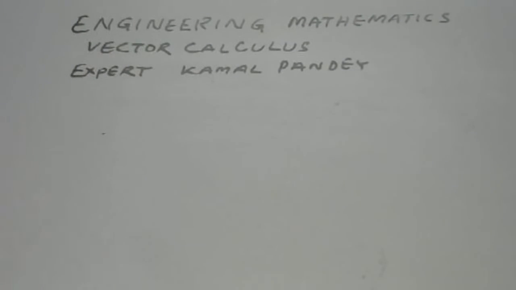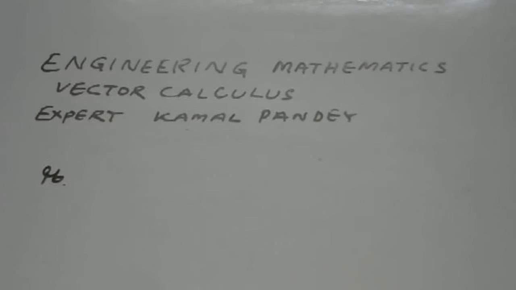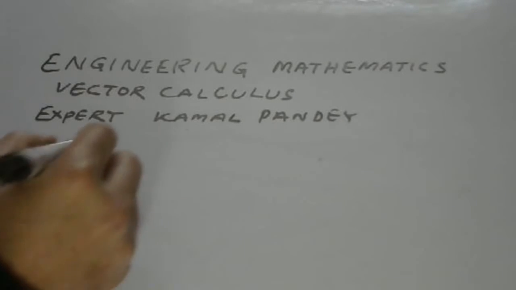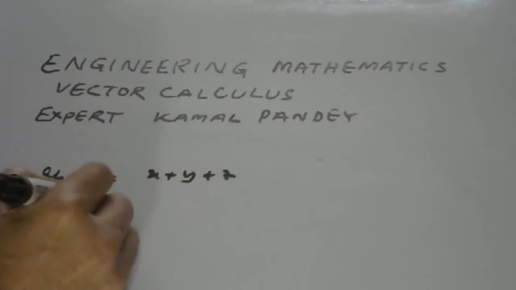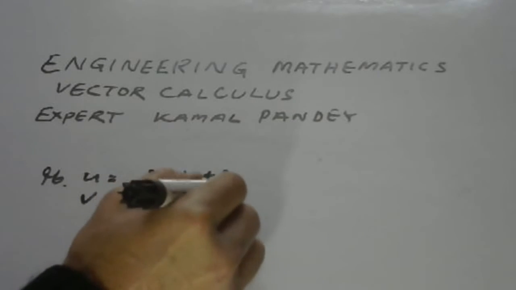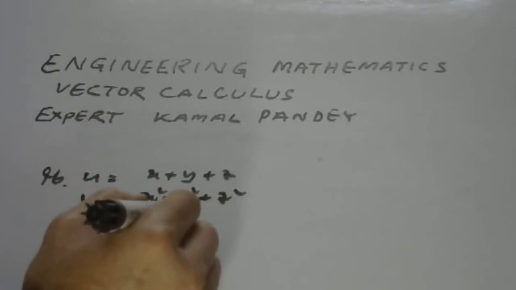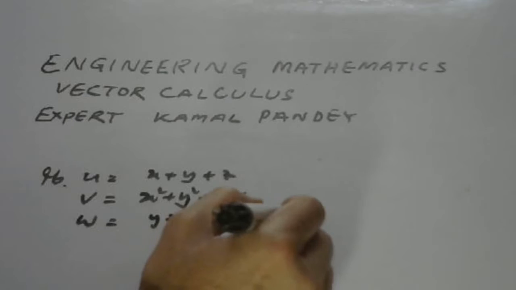Here, to prove, one question is that, prove that if u equal to x plus y plus z, v equal to x square plus y square plus z square, and w equal to yz plus zx plus xy.